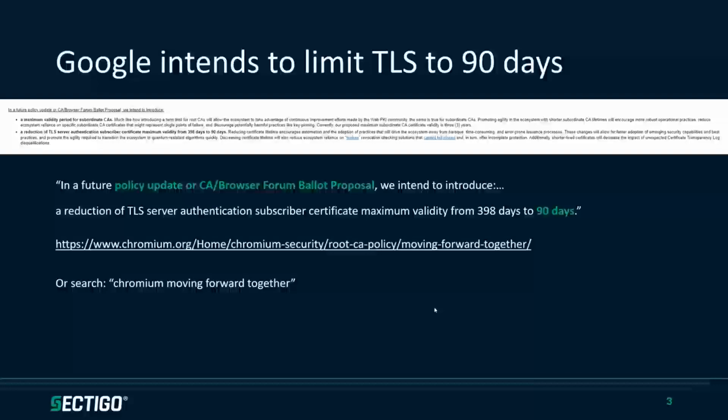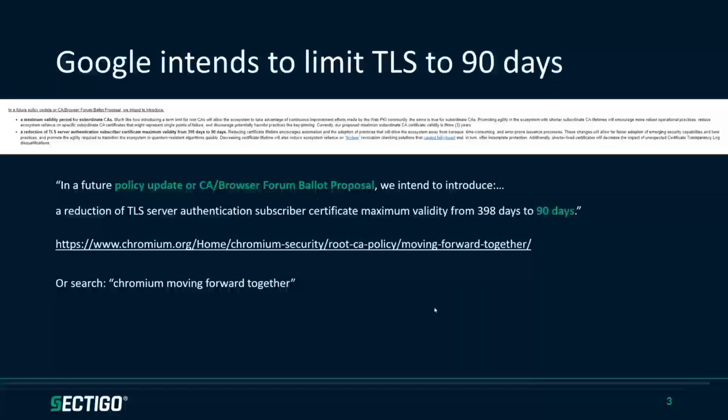It's also worth noticing at the top when they say that they'll do this in a future policy update or CA browser forum ballot proposal. The inclusion of policy updates is important because what this means is if the CA browser forum can't line up behind it, then Chromium is prepared to just declare that this is a requirement anyway. And we've seen this happen in the past.